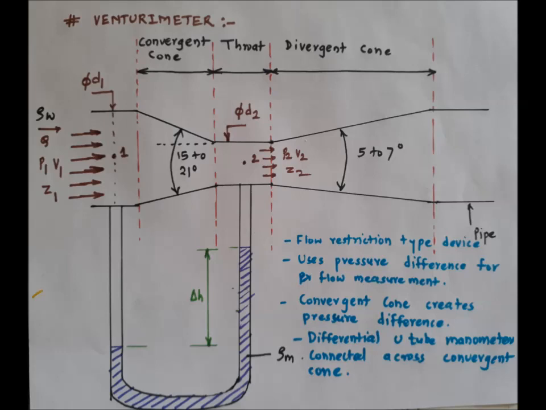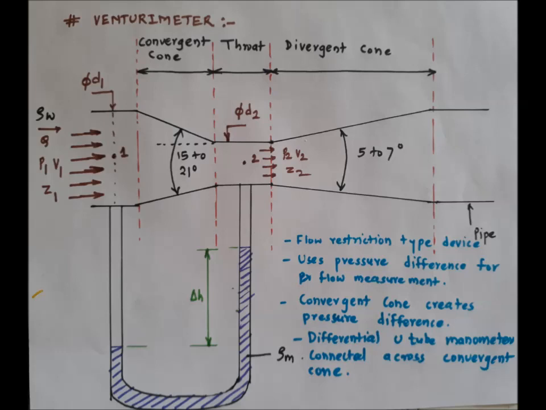The convergent cone angle is between 15 to 21 degrees. It is for creating a pressure difference, and this pressure difference can be measured by a U-tube differential manometer.